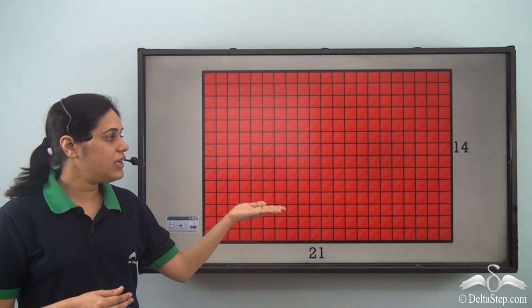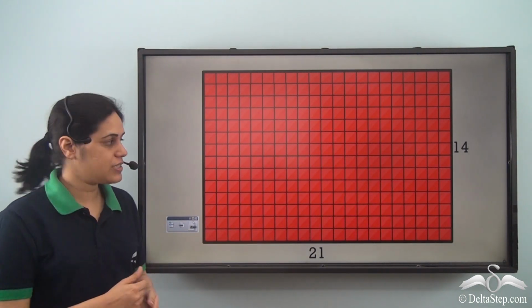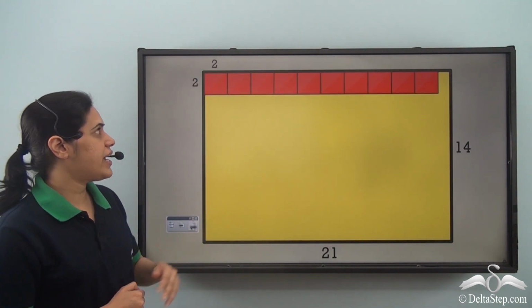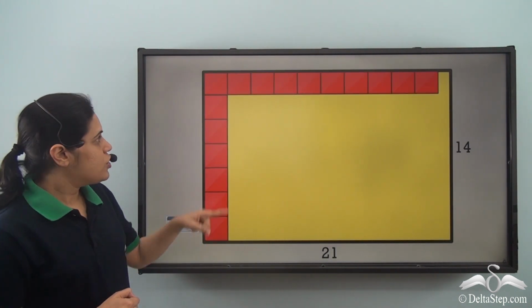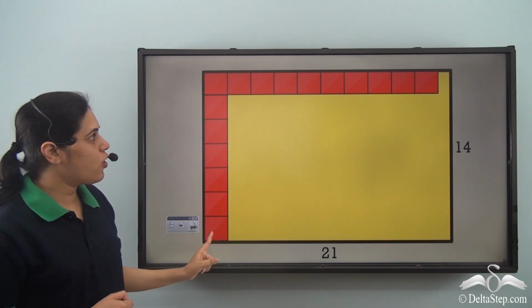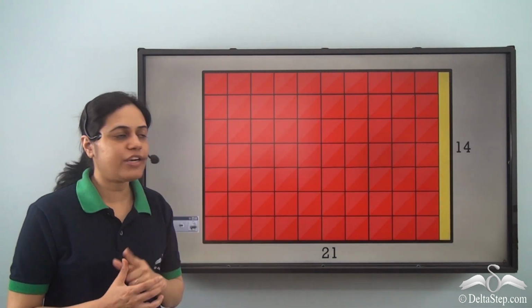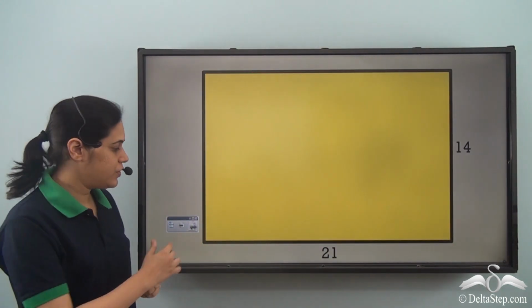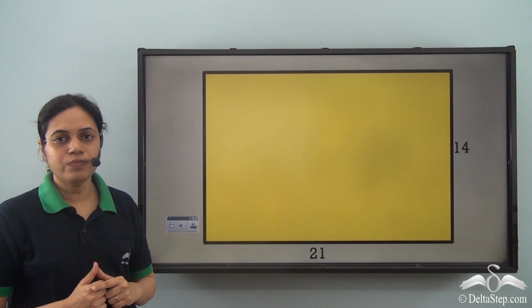But I want the largest possible tiles. So I try out square tiles of side 2. I see that they cover it along the breadth, but they do not cover it along the length. So that side is not filled. So I cannot use 2.